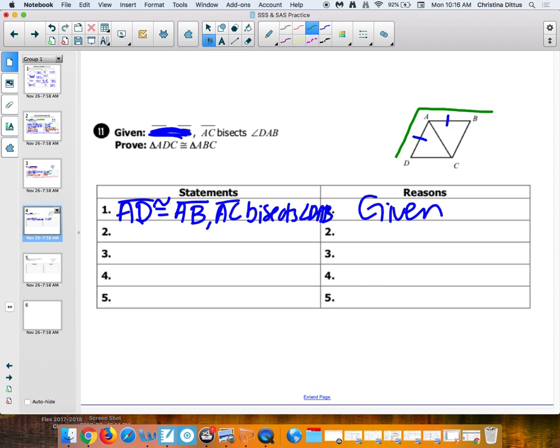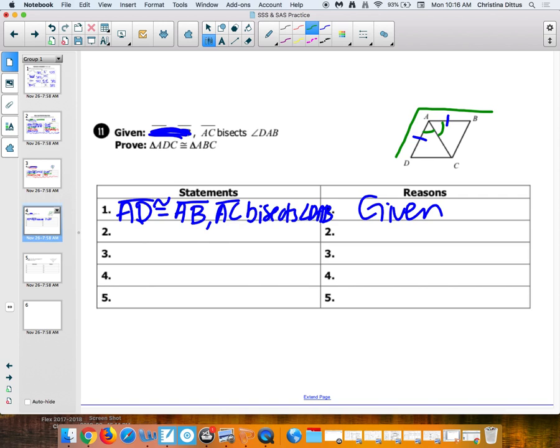Angles. It's bisecting an angle, so if it cuts an angle in half, we know things about the angle. Since it cuts this angle in half, what do I know about these two angles? They have to be the same, because if it cuts in half, then those two halves have to be the same.